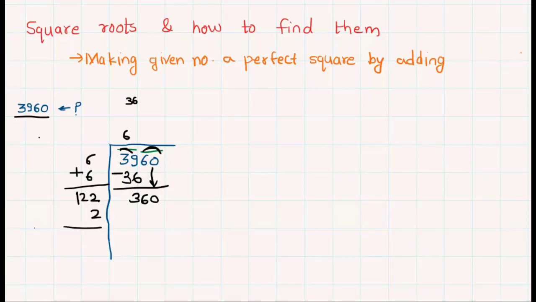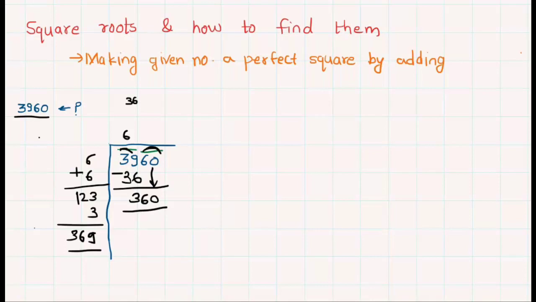2. 2 3s are 6, 2 1s are 2. Let's see just one more digit, 3. 3 into 123 is 369, which is just greater than this number here.